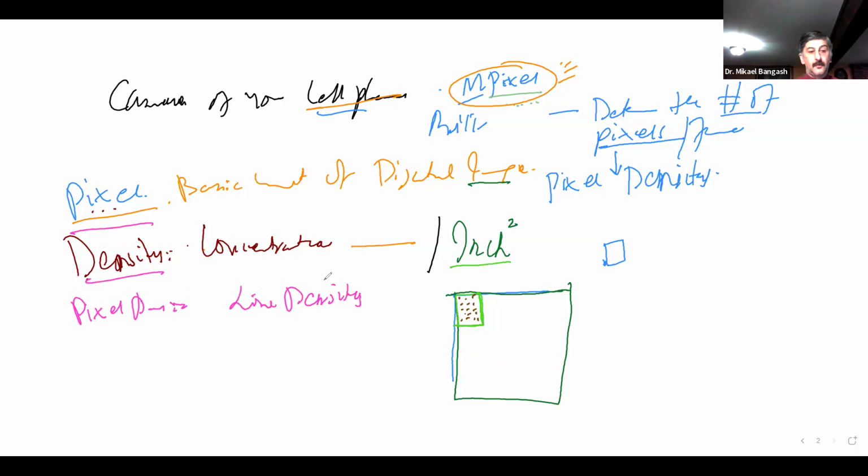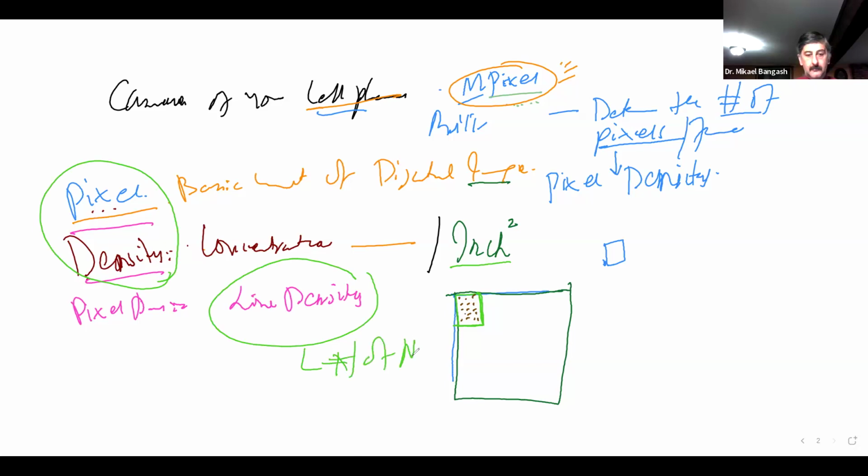So what is going to determine your pixel density is the number of pulses, that in this case will be per frame. Did you guys get that?